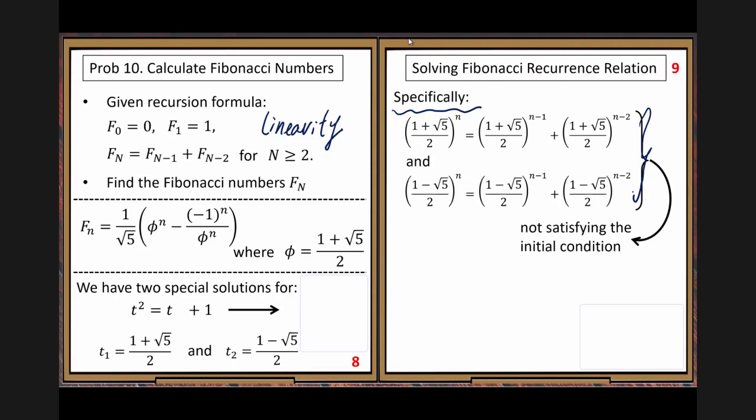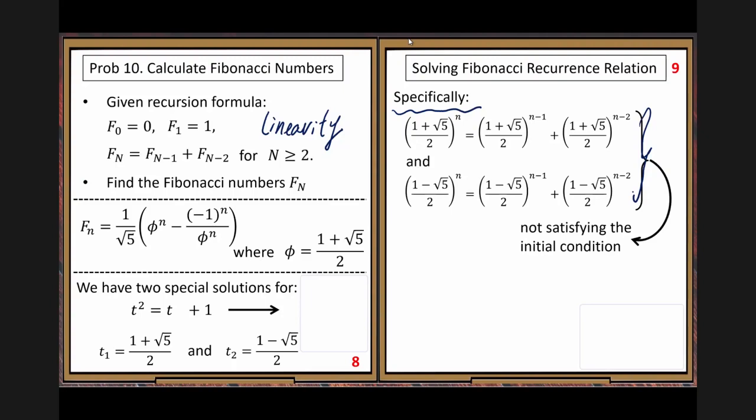But to satisfy the initial condition, we need to do some special construction, some special work to mix, to combine these two special solutions. How to combine them? There is a concept related to the linearity property.